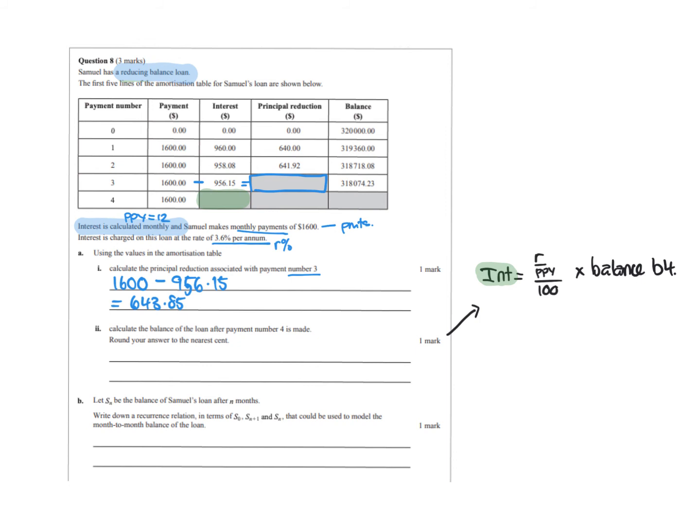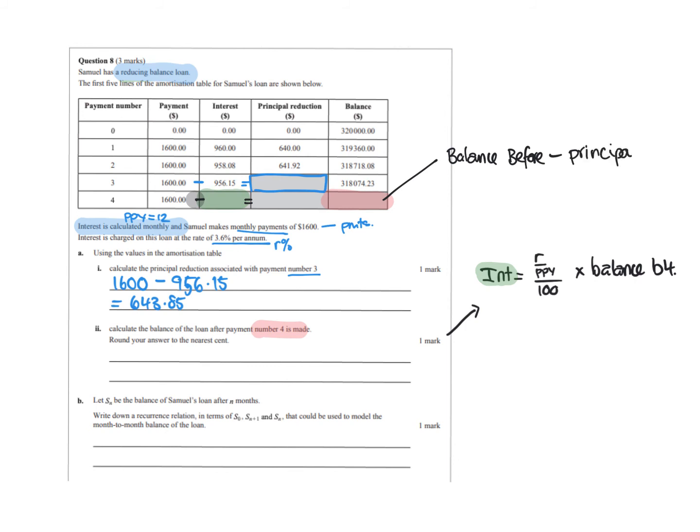Okay, then the next one is calculate the balance of the loan after payment number 4 is made. This is the question there. When we work out the balance, first we work out the interest, and the payment minus the interest will equal the principal reduction. And this balance is going to be the balance before minus the principal reduction.